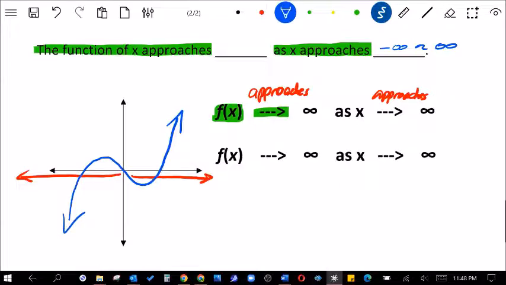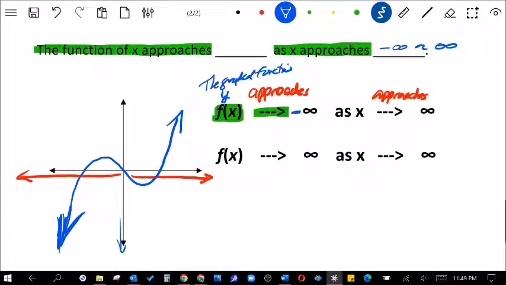The function of x is what's happening on the y's. What is the actual graph doing? The graph, meaning the graphed function, which is the one in blue. It's going down to negative infinity. It's going down on the y's all the way down to negative infinity.